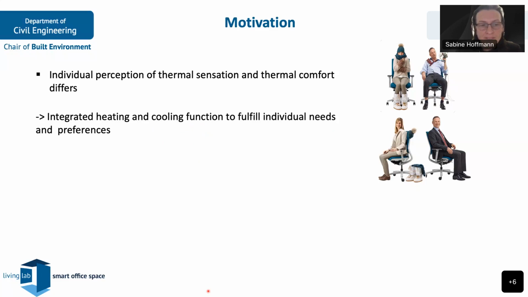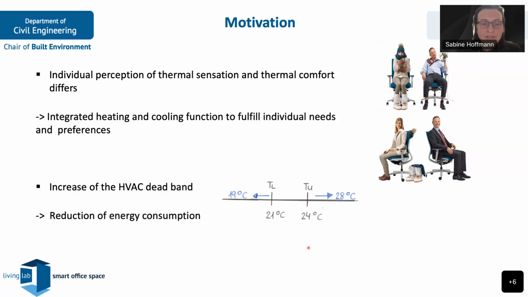But of course, the second important motivation was to achieve a reduction of energy consumption by extending this HVAC deadband. So we already showed one of the graphs where you can see if you lower the set point for heating here, for example, from 21 degrees C to 19 degrees C, or the set point for cooling, you raise it from 24 to 28 degrees C, you can achieve significant reduction of energy consumption.